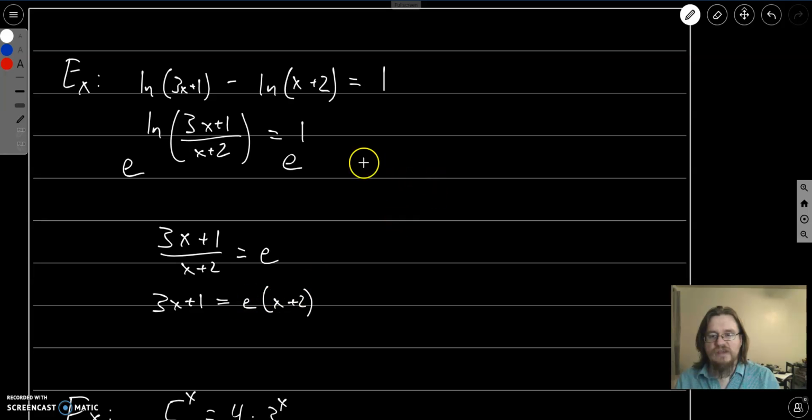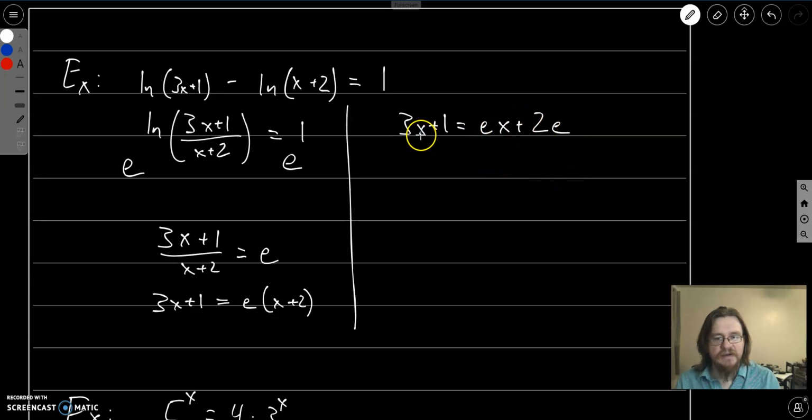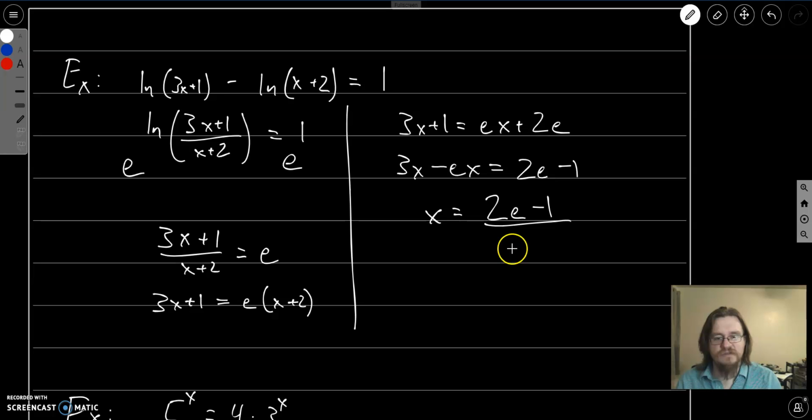I will distribute the e, so we've got 3x plus 1 is equal to ex plus 2 times e. And I need to solve for x, so let's move this to the other side. x times 3 minus e is equal to 2 times e minus 1. And then when I pull x out and divide by 3 minus e, I'll get x equal to 2e minus 1, divided by 3 minus e.